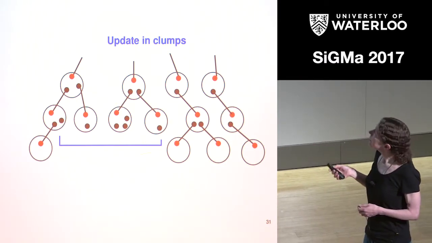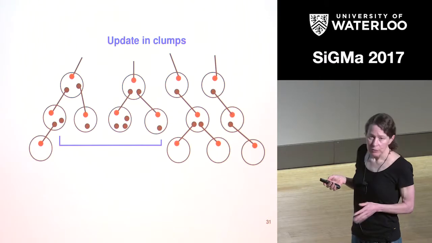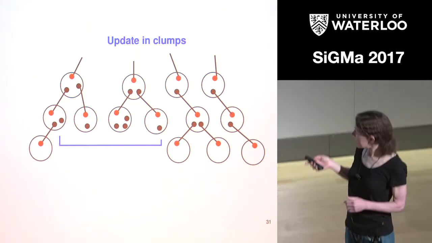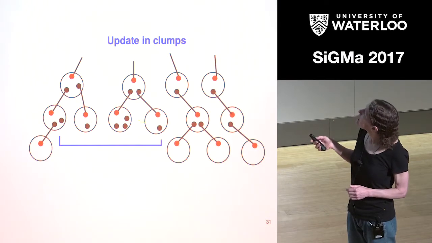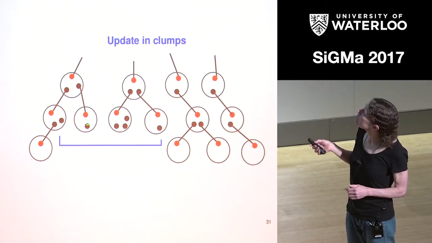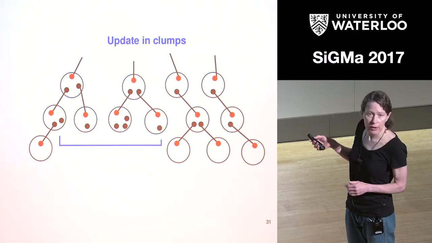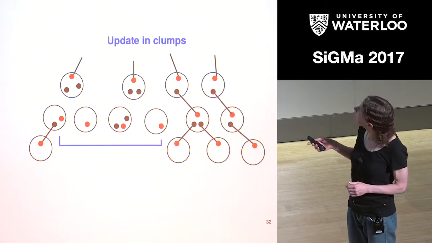So this big clump, this is what I only do the update in clumps. So what does the update look like? Well, again, for each one of these, I'm going to take a vertex that has degree 0 in M, and I'm going to put it into M and take out the M which is in that class, so we get a picture like this.